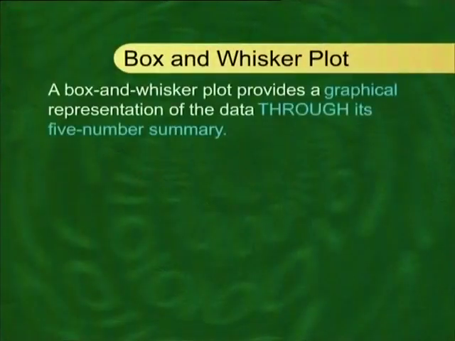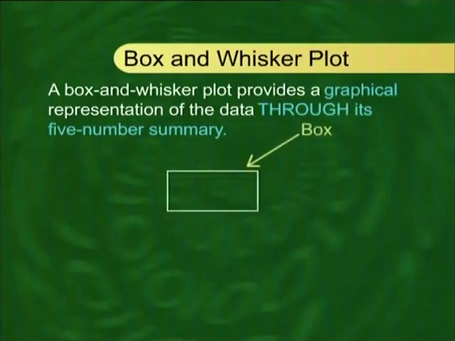This next concept, as I said earlier, is a very interesting diagram actually, and it is called the box and whisker plot. As you now see on the screen, in its simplest form, a box and whisker plot provides a graphical representation of the data through its 5 number summary.